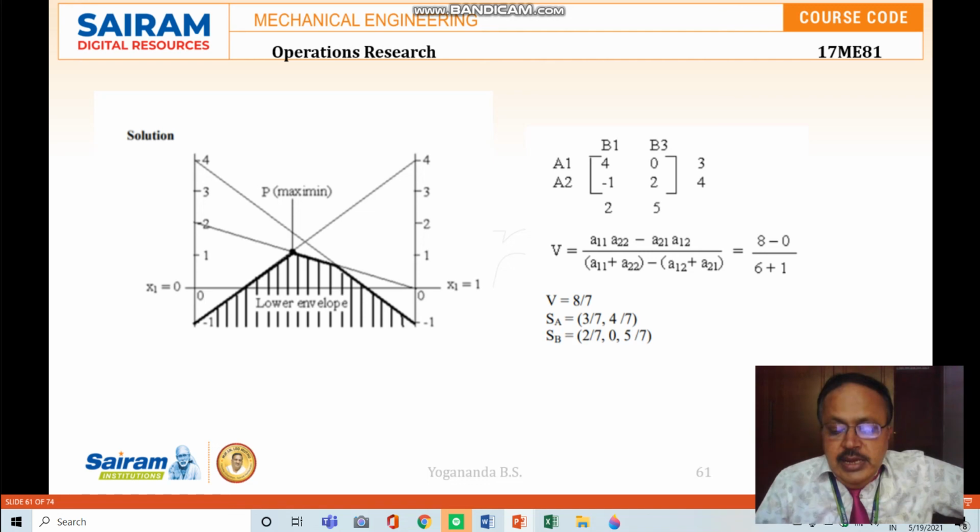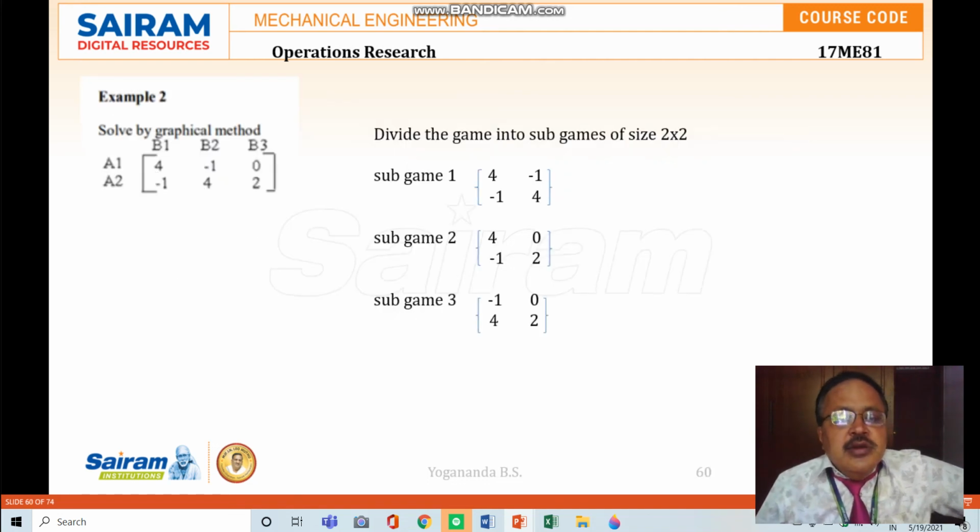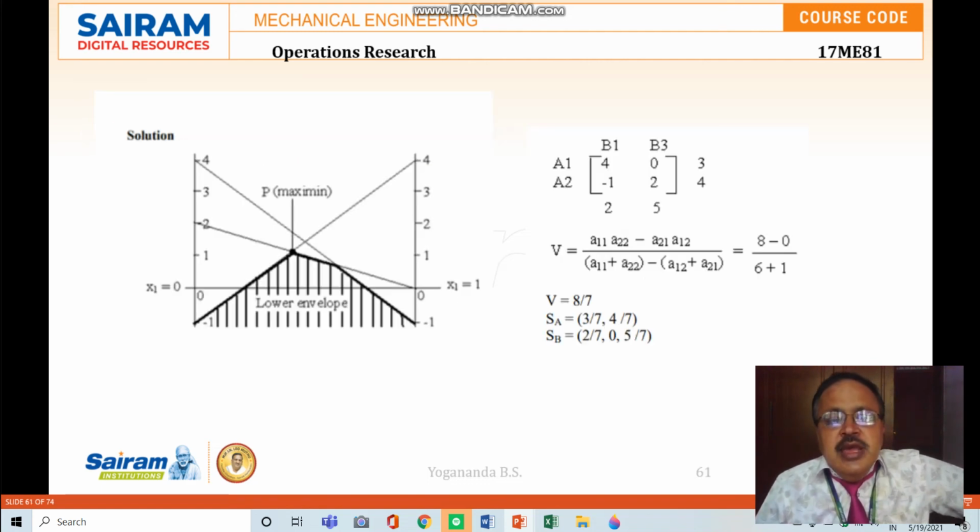So in the given matrix, 4 minus 1, 0 2 is retained, and minus 1 4 is eliminated. That is the second column is eliminated. B2 is eliminated. So 0 is there for the strategy of player B. Thank you.